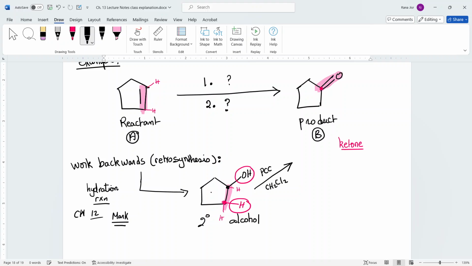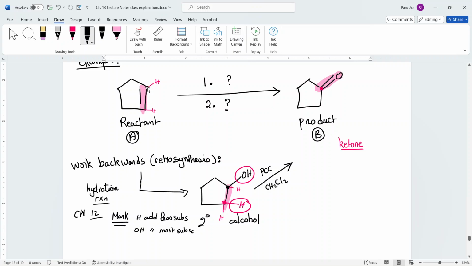And here it doesn't matter if it's Markovnikov or not, because the carbons are the same degree of substitution. So it really doesn't matter if the OH goes here or the OH goes there. But still, Markovnikov, hydrogen is going to add to the less substituted carbon, and the OH is going to add to the most substituted carbon in that case.